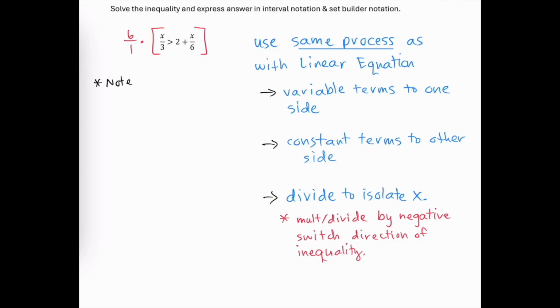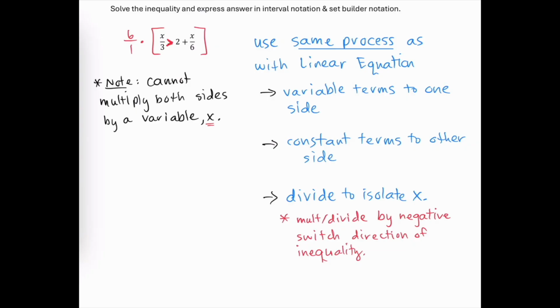And let's just make a quick note here that we cannot multiply both sides of an inequality by a variable. So if our LCD contained an x, we would not be able to multiply both sides by that. And that's because if the LCD contains a variable, we wouldn't know whether or not to switch the direction of the sign. A variable quantity can take on positive or negative values.